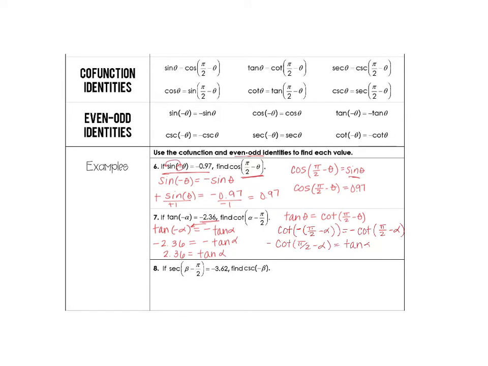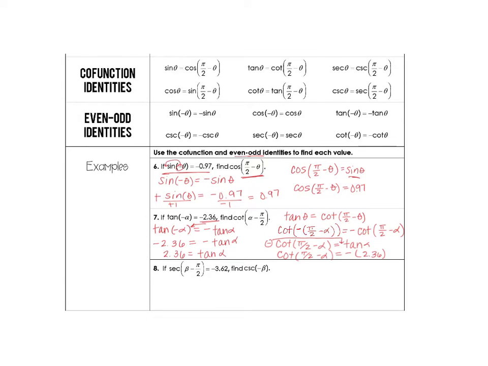So I can move my negative back over here. And so notice that that's going to mean that cotangent of pi over 2 minus alpha is going to be equal to the negative of tangent of alpha. And we found the tangent of alpha to be 2.36.